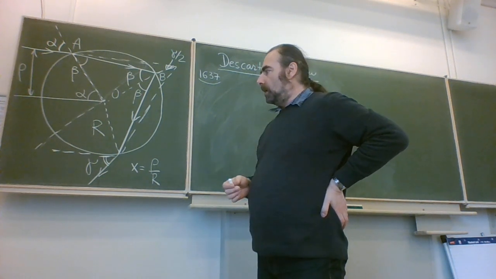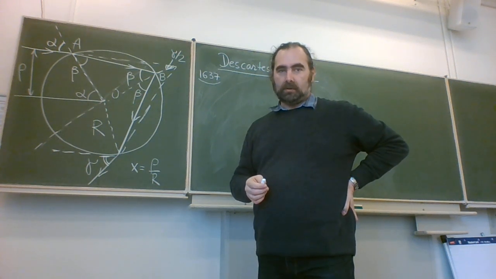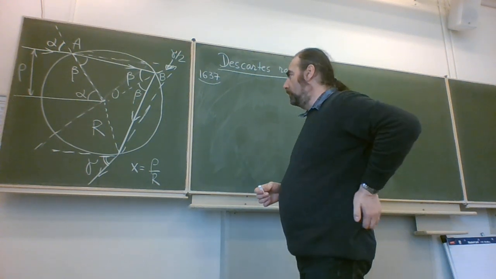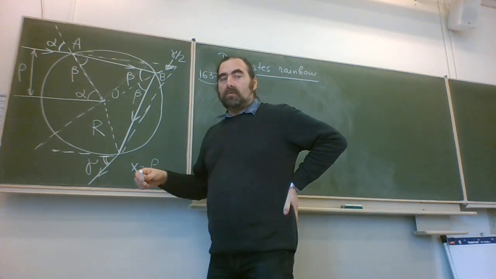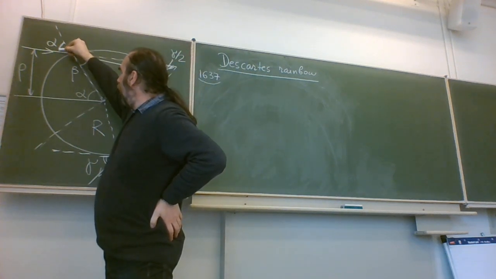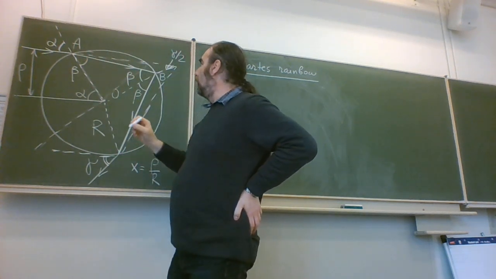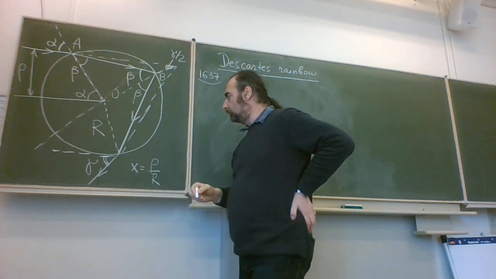This is what Descartes calculated using basically high school geometry. And that's what we are going to do in the first part. Now we need some notations for that. I will call this angle alpha, and I will call this refraction angle beta.